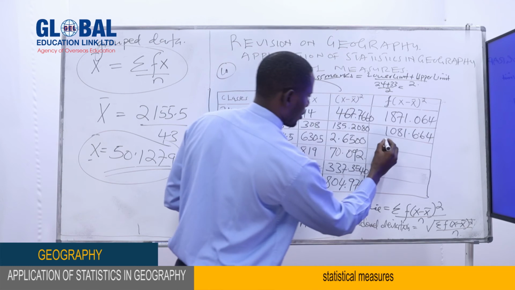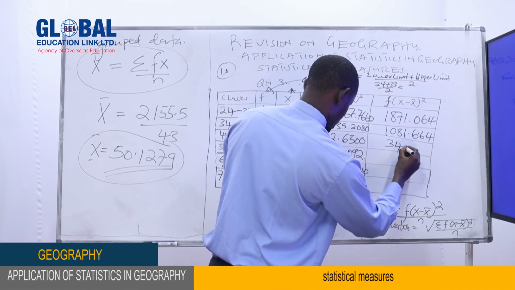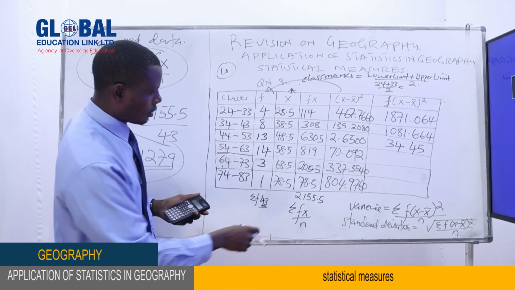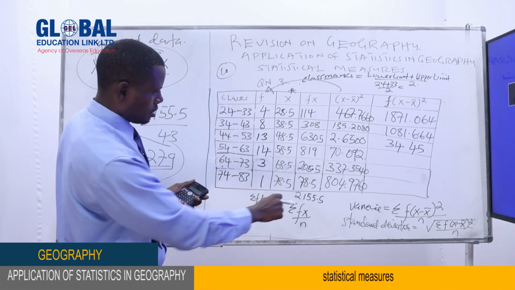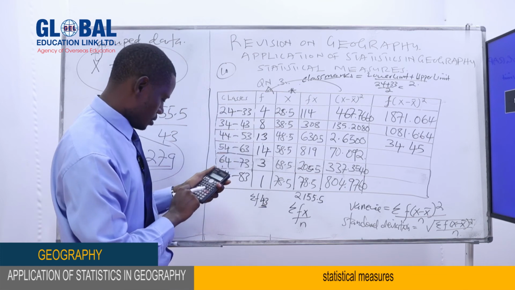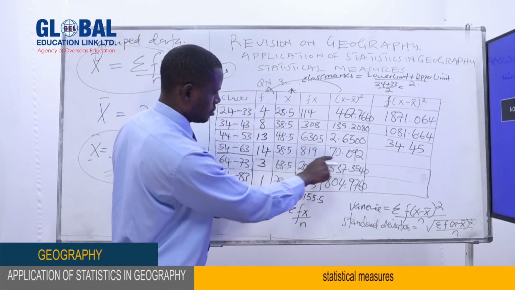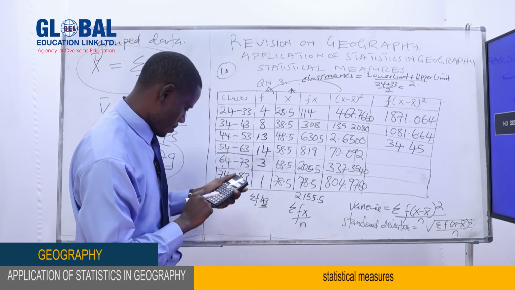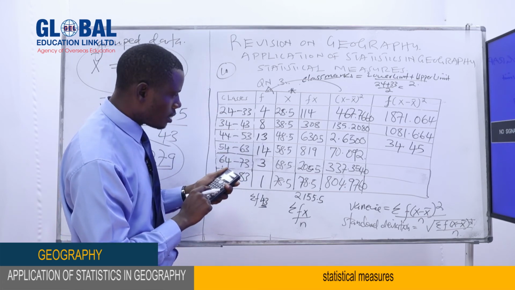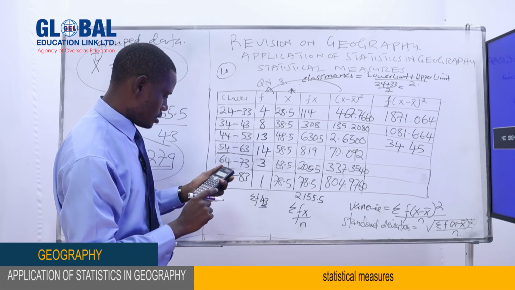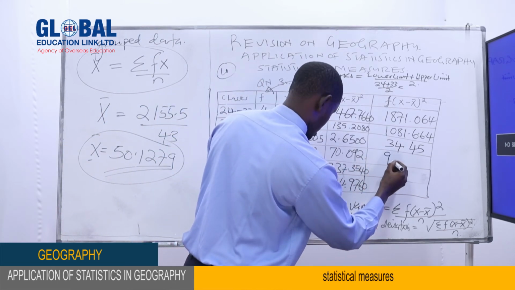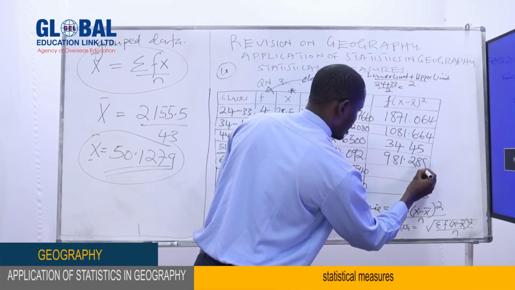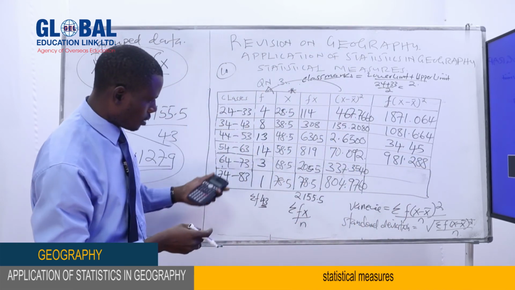Then we come up with 34.45. The next one, that is 14 times 7.092. Then we get 981.288. Then you go for the next column.